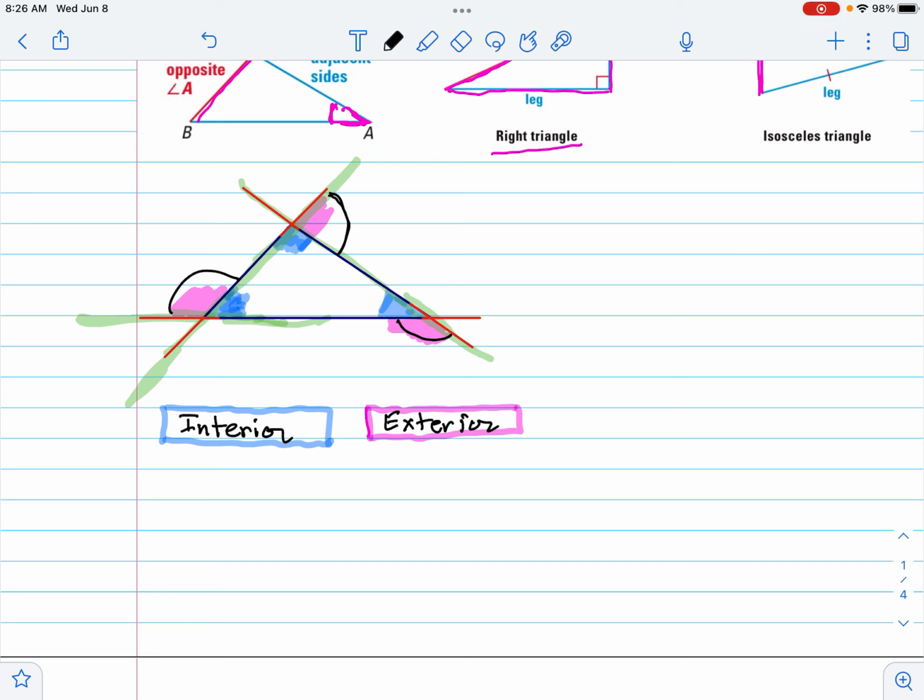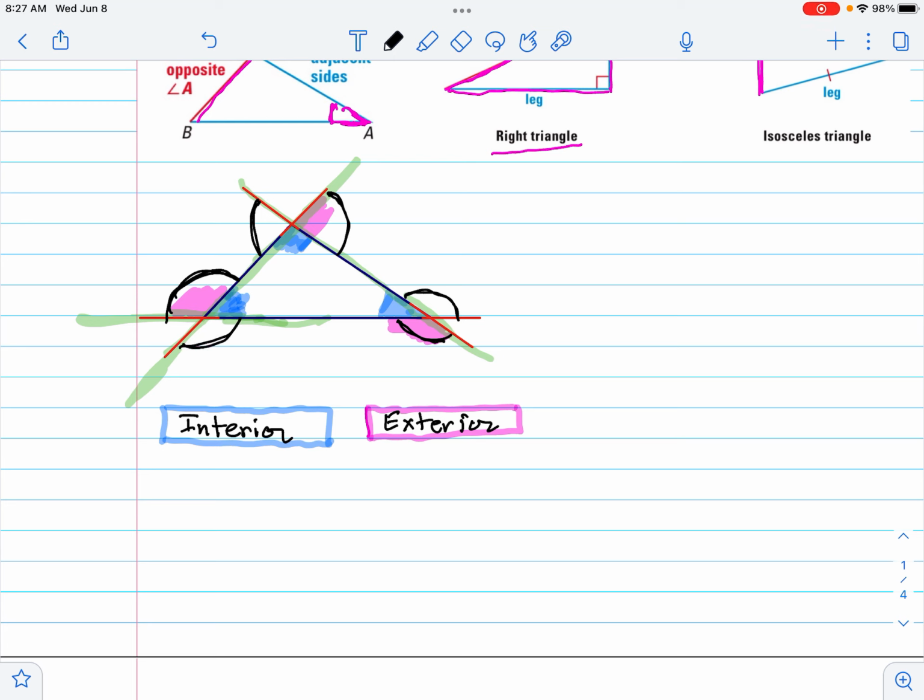Now, you might say, how did you choose those angles? Notice you get two exterior angles at each vertex. I get this one, and I get this one over here. This is also an exterior angle, and so is this one. They're congruent, notice.